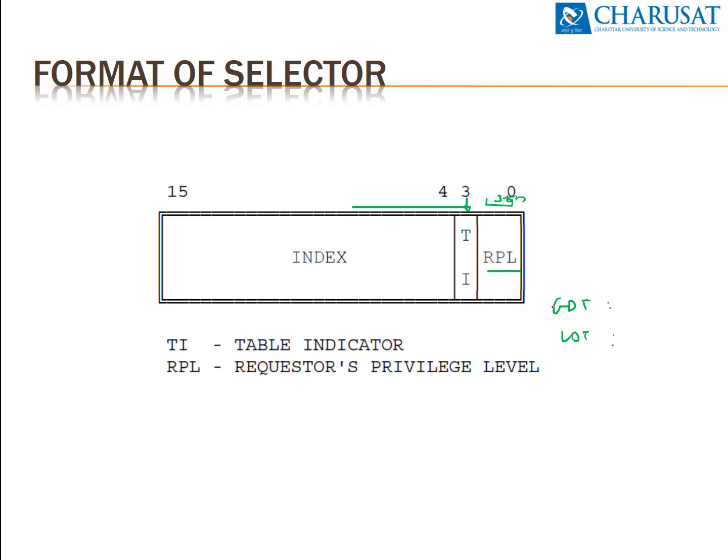If the value of TI equals 0, it indicates this entry belongs to the GDT table, and if TI equals 1, it indicates this entry belongs to the local descriptor table. The two tables differentiate whether this entry belongs to GDT or to LDT. And the remaining 14 bits index into a descriptor table.